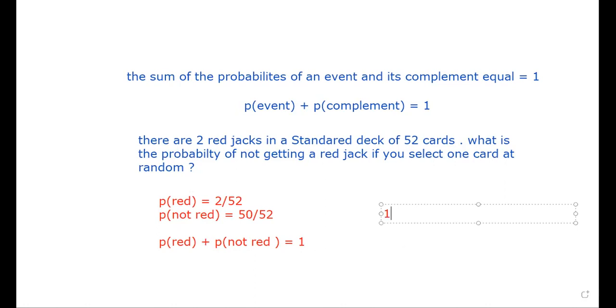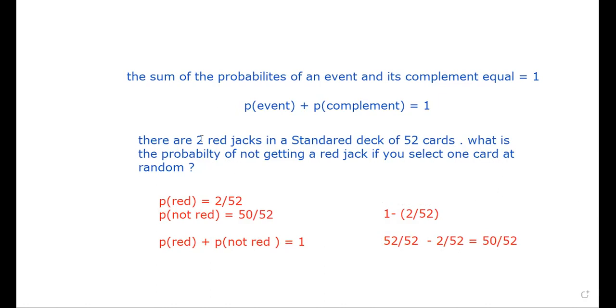We can say 1 minus 2 over 52 to find the probability of not red. I can change the 1 into a fraction, 52 over 52 minus 2 over 52. Then we find the answer directly, which is 50 over 52. Then the probability of any event plus the complement should be equal to 1.